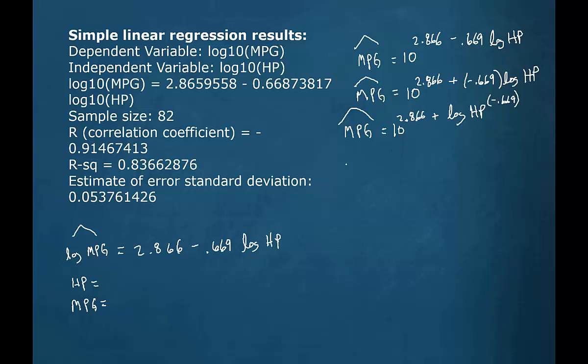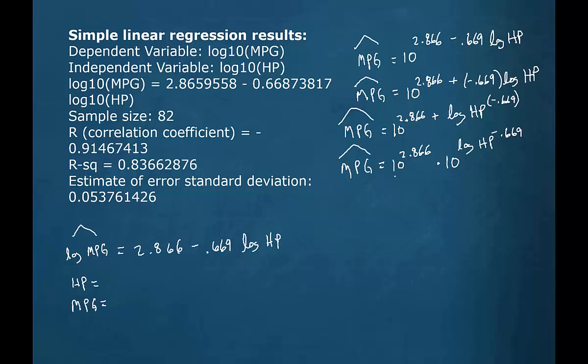So now we'll use that rule that says that when we add exponents, we do that when we're multiplying with like bases. So we'll have 10 raised to the 2.866 times 10 raised to the log, and remember this is base 10 if we don't write anything here, of horsepower raised to the minus 0.669.